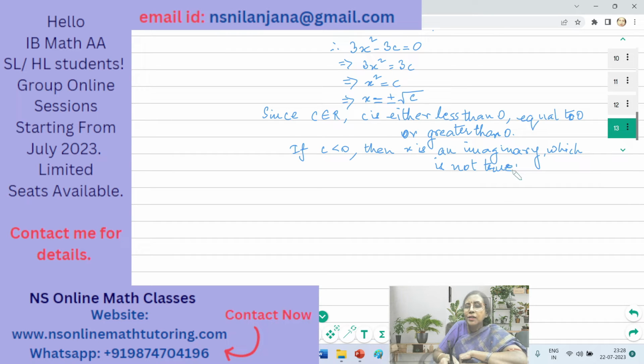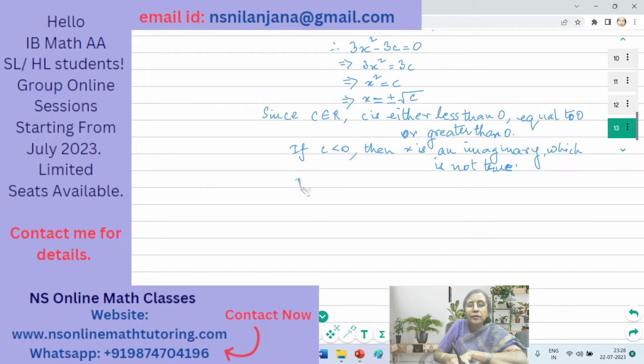Because we have sketched for c equal to 1, we have sketched for c equal to 2. We have found the maximum and minimum points coordinates. X values were perfectly real numbers. So we have seen that x values are real numbers, they are not imaginary numbers.